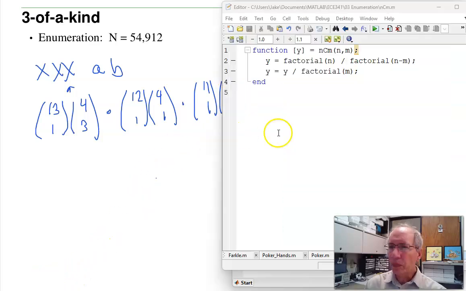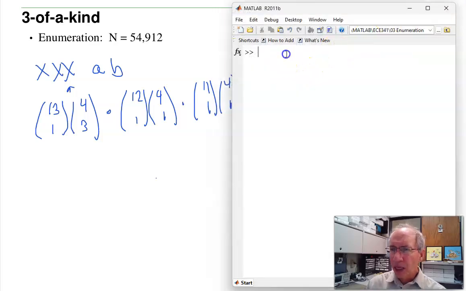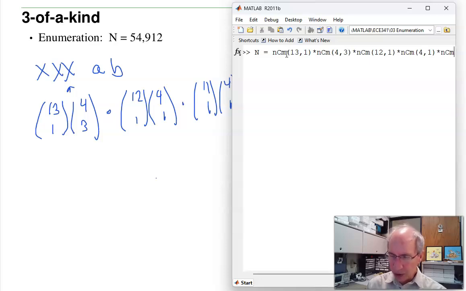So let's calculate that. Now in MATLAB, I'm going to need an nChooseM function. So this is creating a function nChooseM, so I can now use it. In MATLAB, I can then say, okay, n is nChooseM of 13 choose 1 times nChooseM of 4 choose 3 times nChooseM of 12 choose 1 times nChooseM of 4 choose 1 times nChooseM of 11 choose 1 times nChooseM of 4 choose 1.